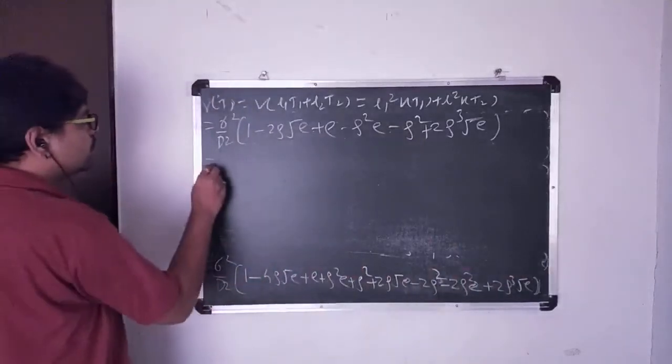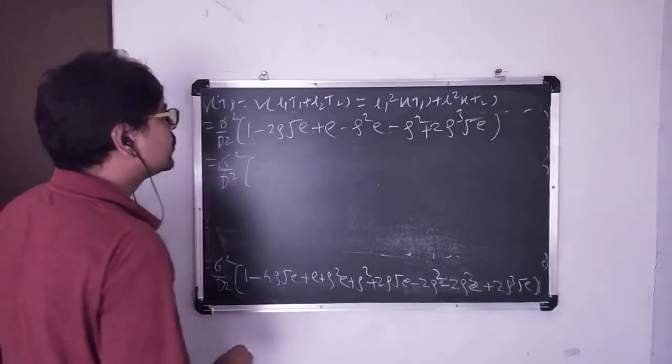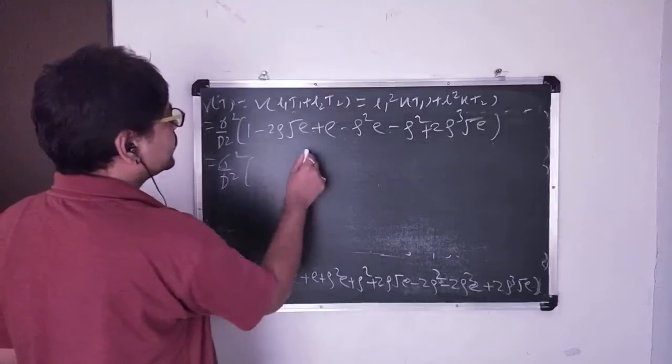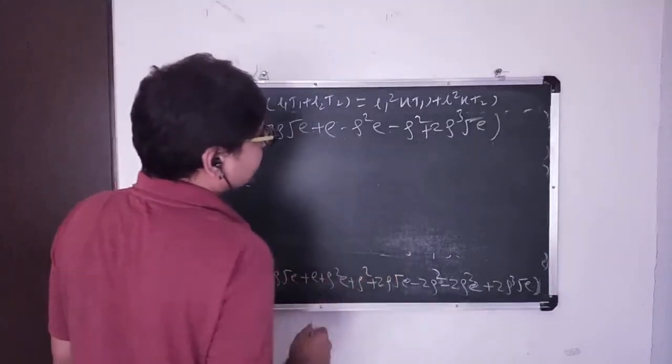So now sigma square upon D square. Here we can take these terms and take rho square outside as common.